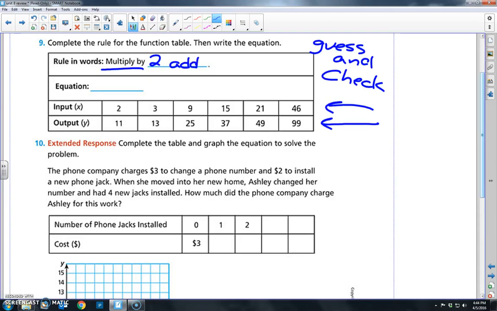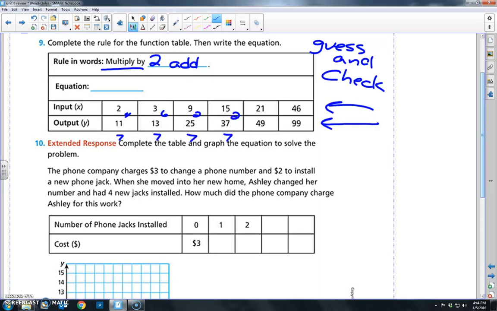Let's see. So if we multiply by 2, that's 4. 11 minus 4 is 7. 3 times 2 is 6. 13 minus 6 is 7. 9 times 2 is 18. 25 minus 18 is, I think we got it.